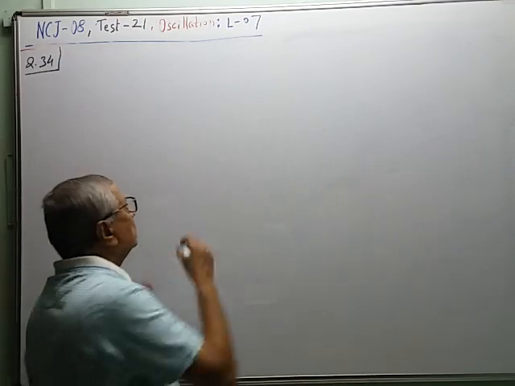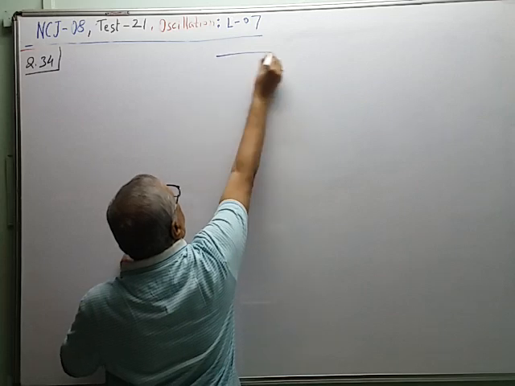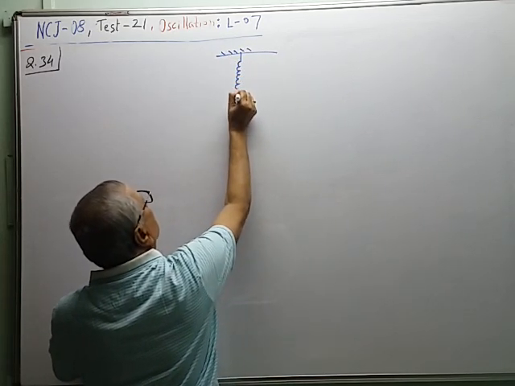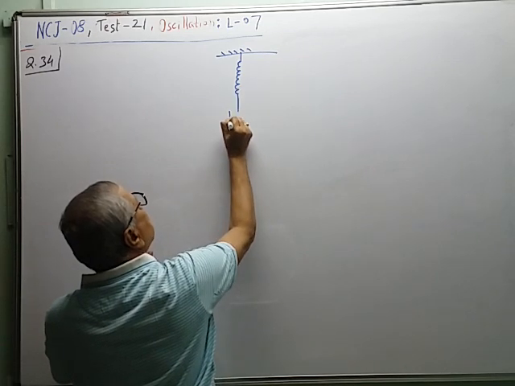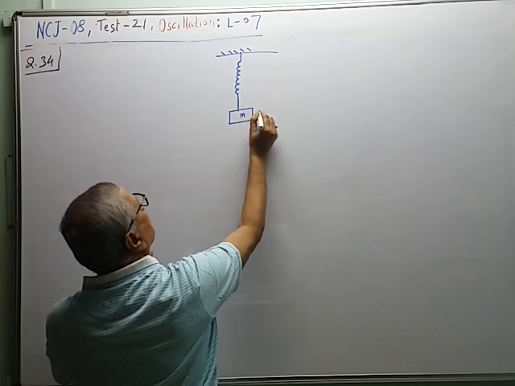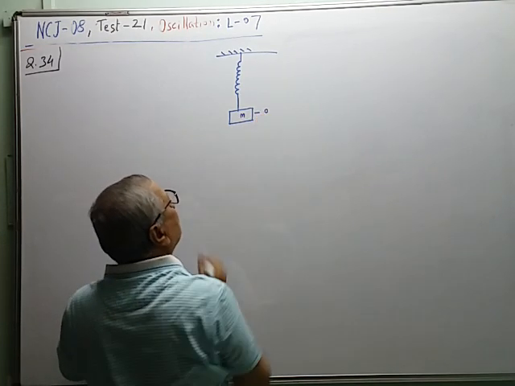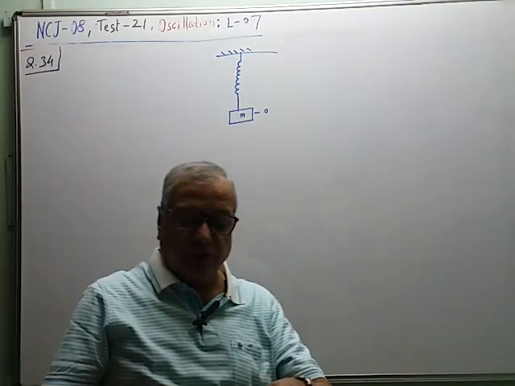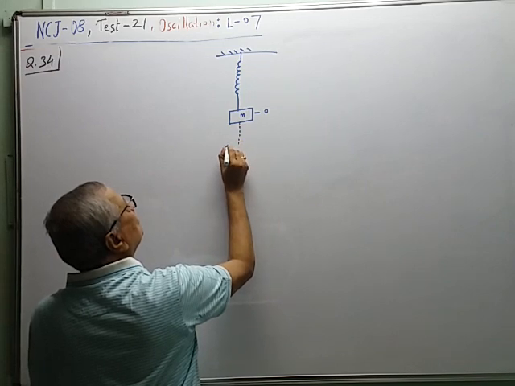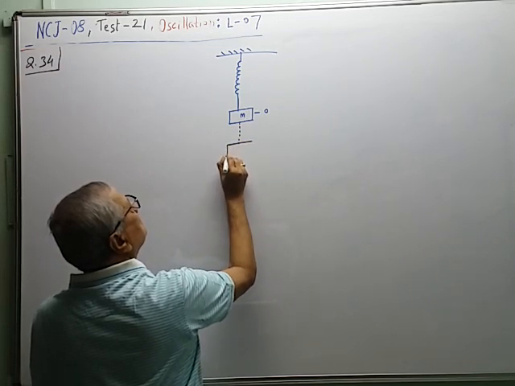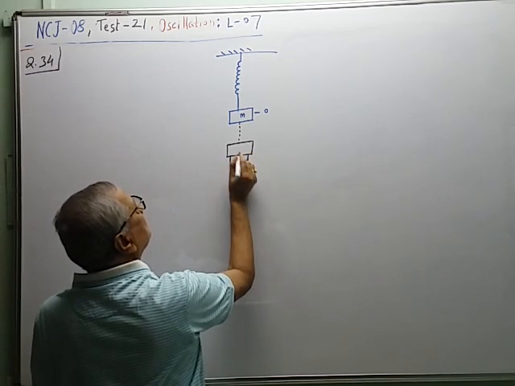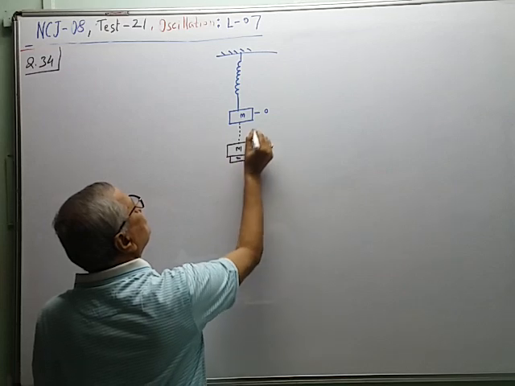So the arrangement is like this. This is a spiral spring. This is its equilibrium position of mass M. Now from this equilibrium position it is pulled down to the new position by adding mass small m.